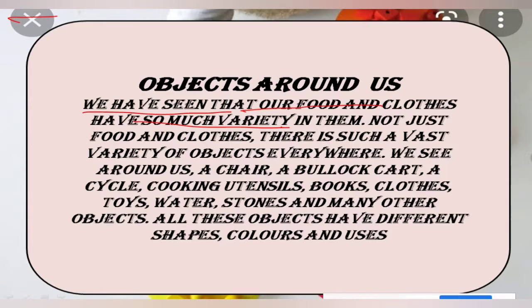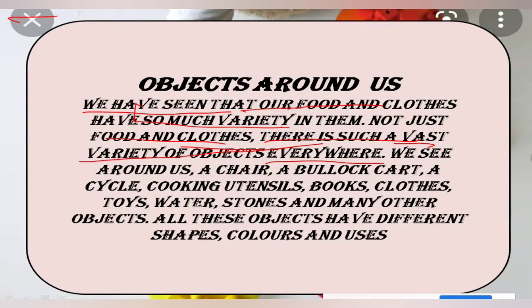Not just food and clothes, there is such a vast variety of objects everywhere. Wherever you go, you will see a variety of objects around you. For example, a chair, a bullock cart, a cycle, cooking utensils, books, clothes, toys, water, stones, and many other objects.